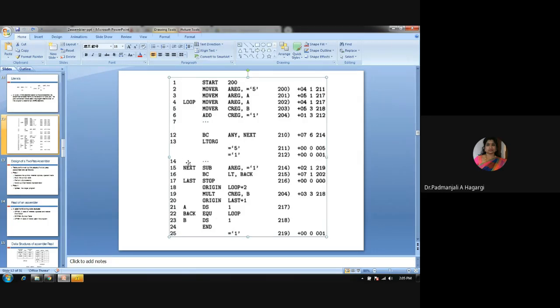Now again here we have one line of instruction which is kept as dot, so that would be the 13th location, and at the 14th location we have the label next. That's what it is found as, the 14th location.